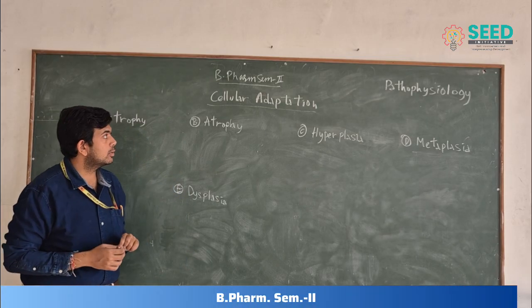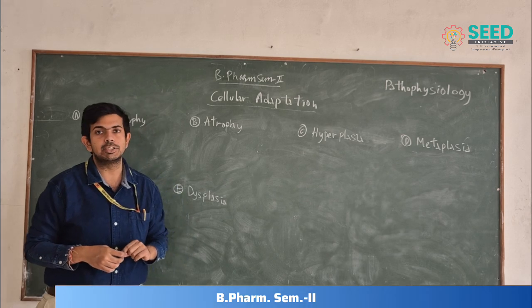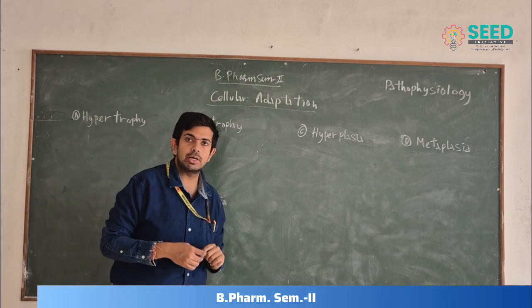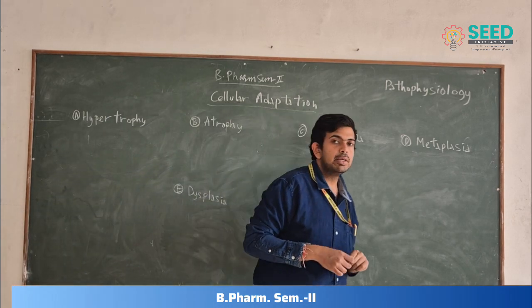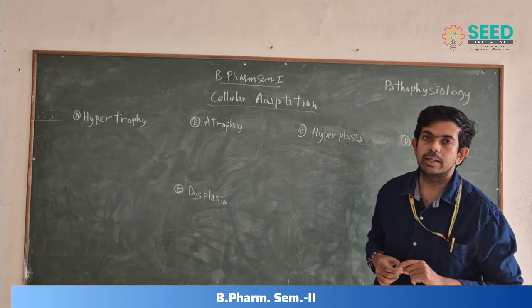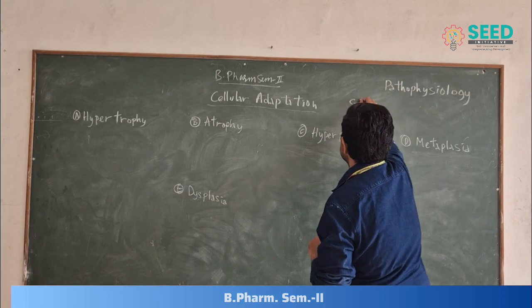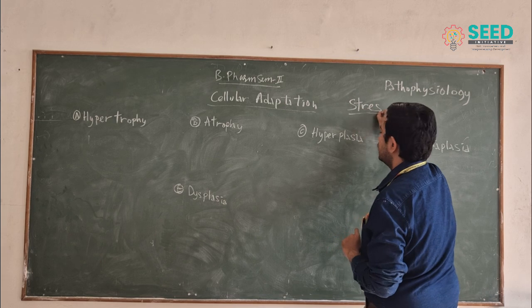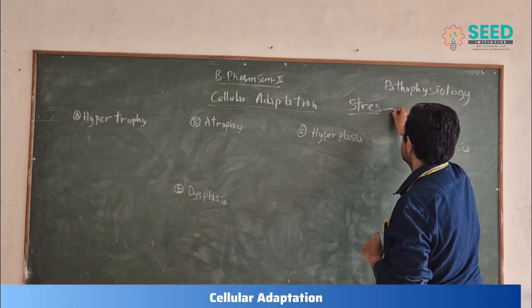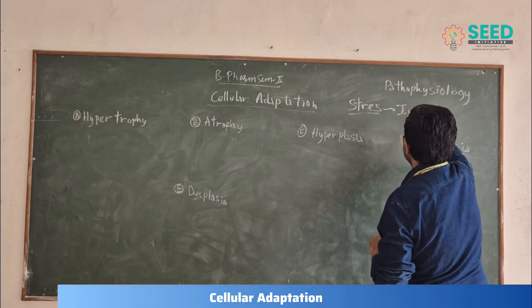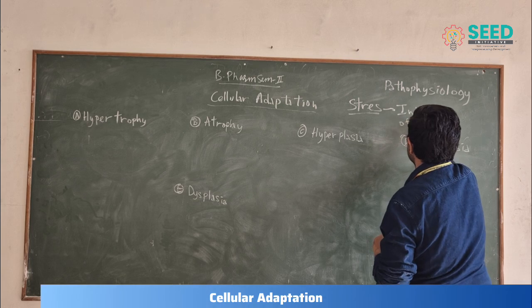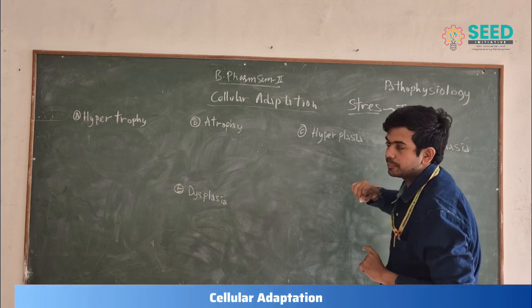Okay. So our next topic is cellular adaptation. When does cellular adaptation occur and what does it mean? Cellular adaptation occurs when there is a stress that results in injury of the cell.